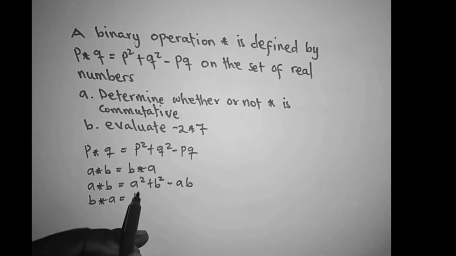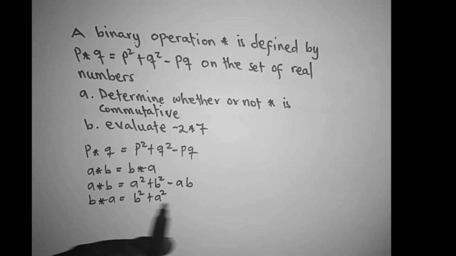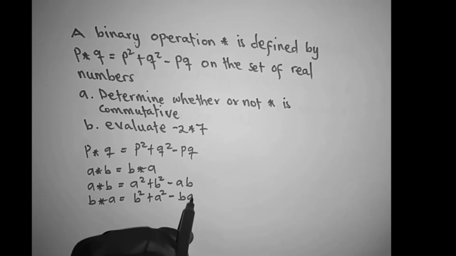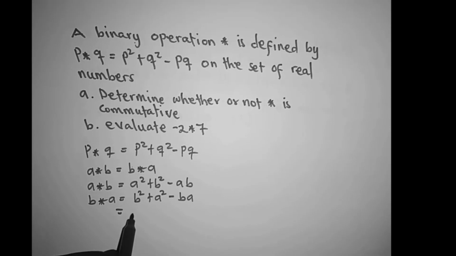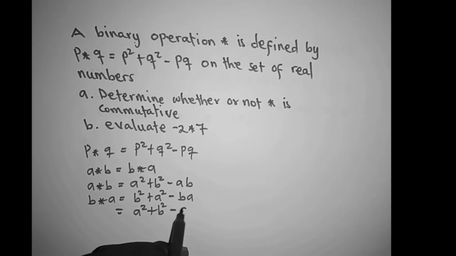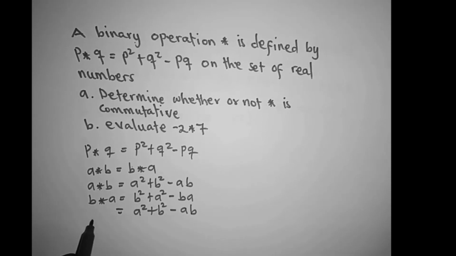It's equal to b squared plus a squared minus ba. When we rearrange, we'll get a squared plus b squared minus ab. So since a operation b is equal to b operation a, then the binary operation is commutative.